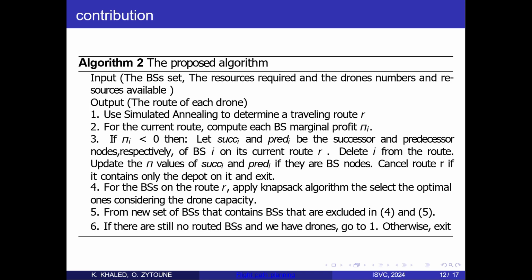The last problem is known as the knapsack problem. The nodes that are excluded in the first or in the second step are considered in a novel iteration to find a route for the second drone, and so on, until considering all nodes and/or all drones.